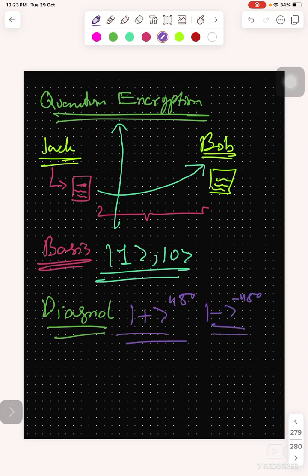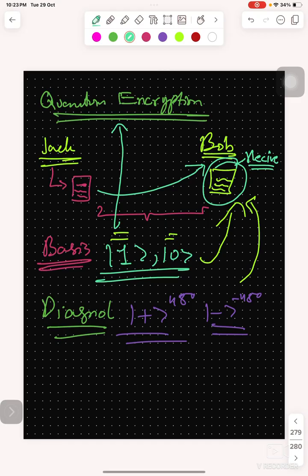These are types of qubits. These are encrypted codes which are sent over. When Bob receives, the communication is done using a quantum channel.